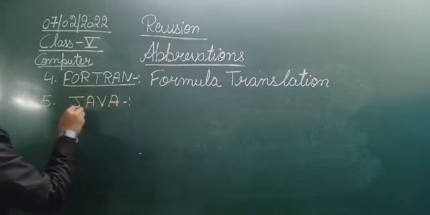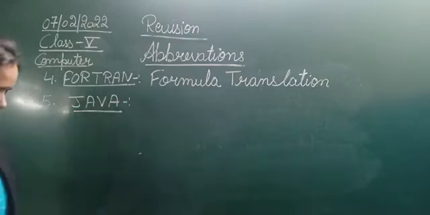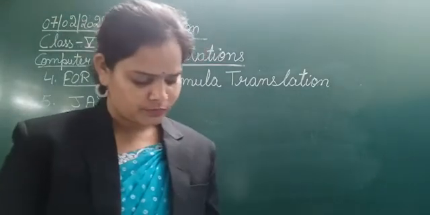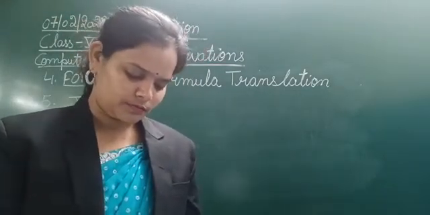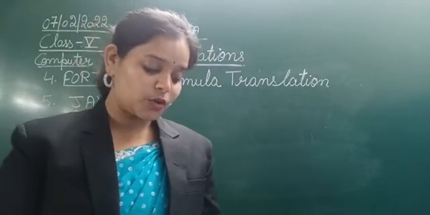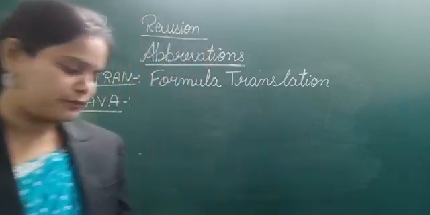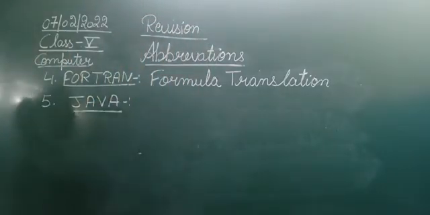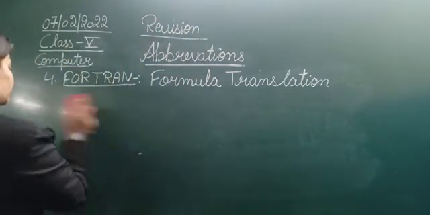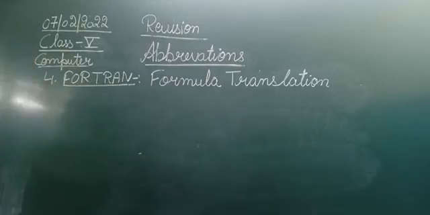Next is Java. What is the full form of Java? Okay, no, it's not Java, it is OOP. Java is the name of the language. What is the full form of OOP?